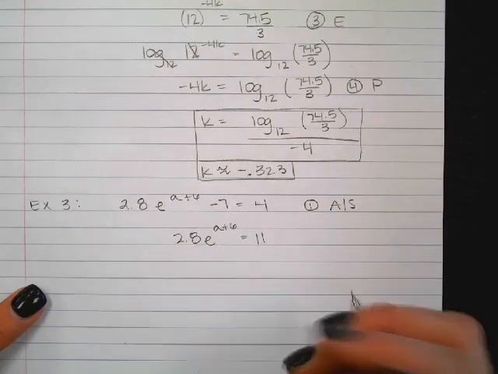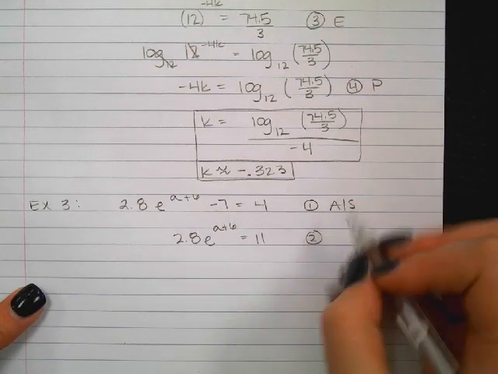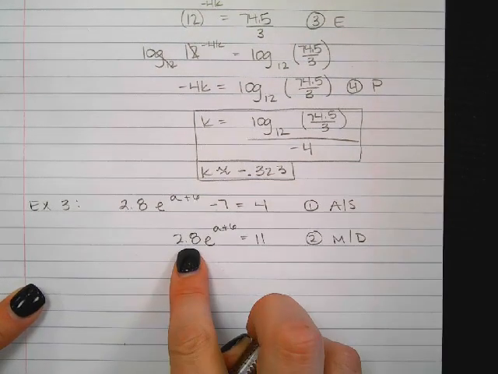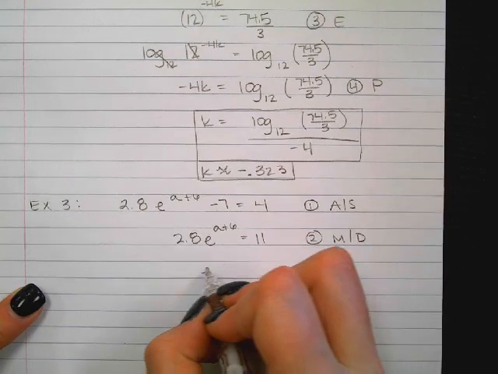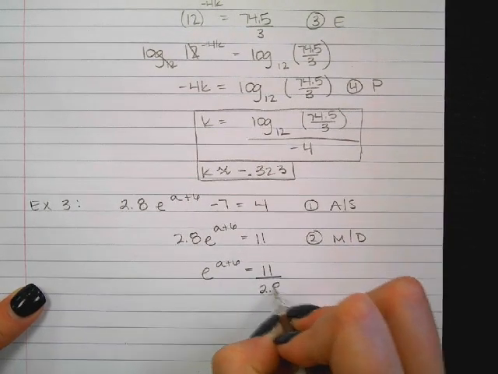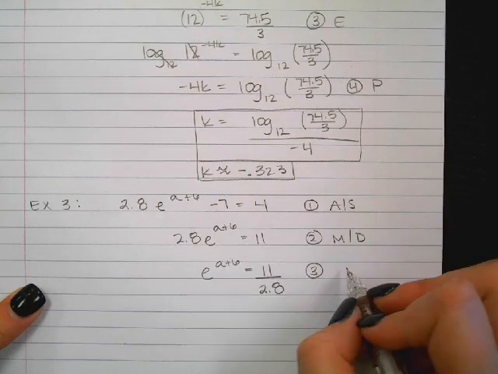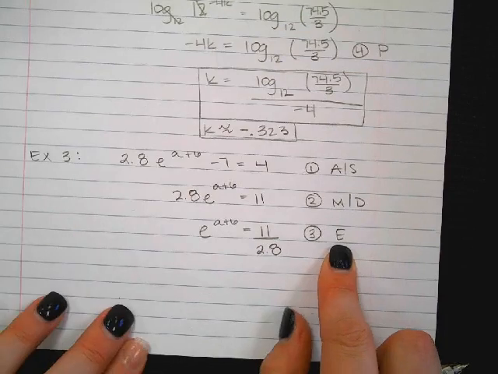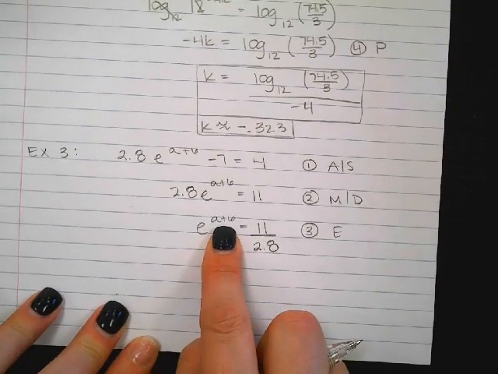Okay. And then I look to see if there's anything I could multiply or divide to the other side, and I have that 2.8 that I can divide over. And next I have either an exponent to get rid of or an exponent to get into, which is what we're doing here.